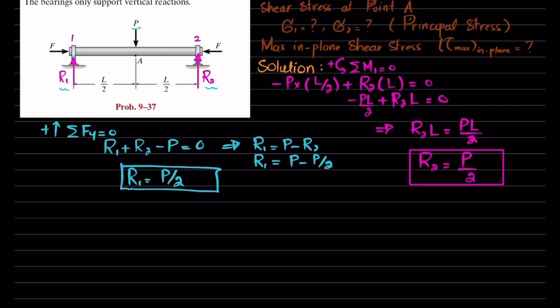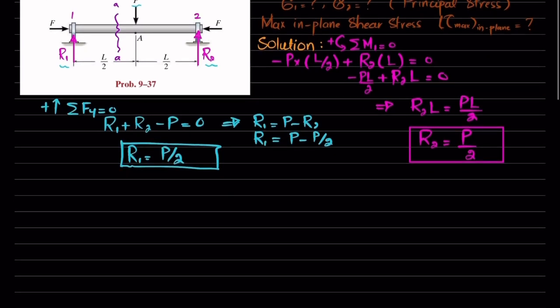So what we will do is cut this beam at any length, for example, if I cut it over here, section AA, and draw the free body diagram, it will be like this.